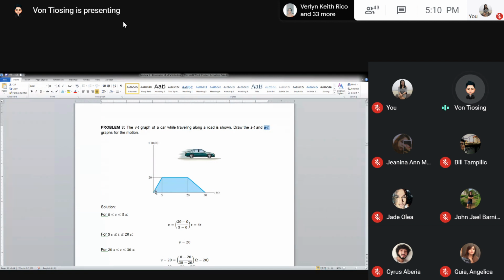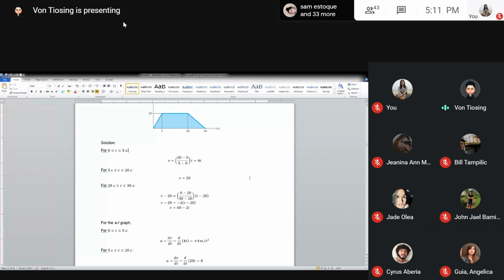What we did first here is the acceleration-time graph. Take note that acceleration is the derivative of the velocity function with respect to time.